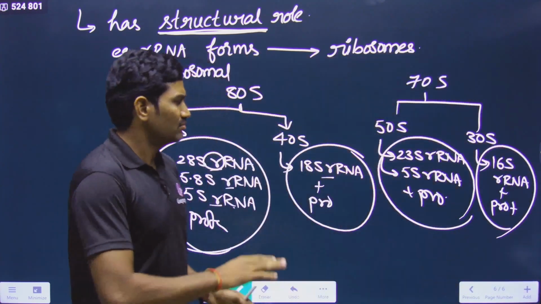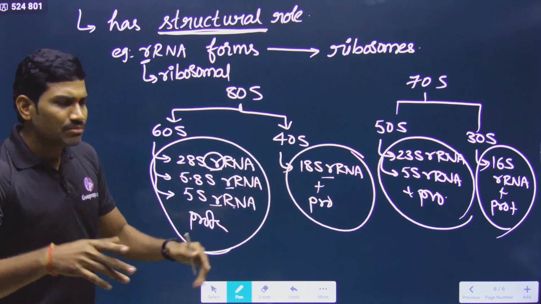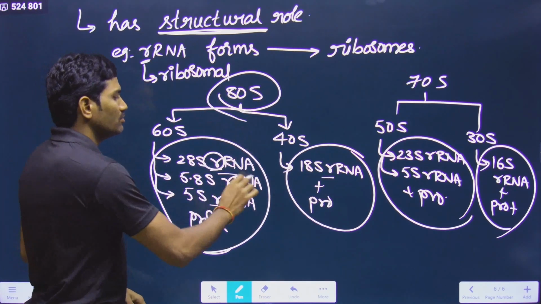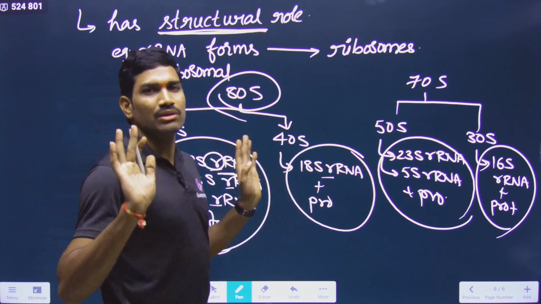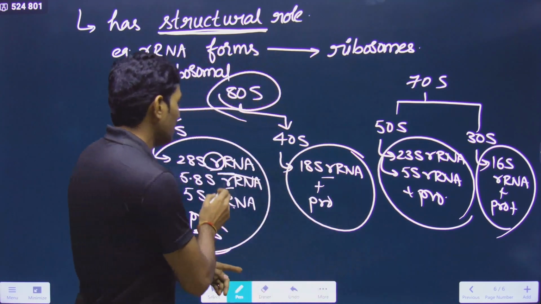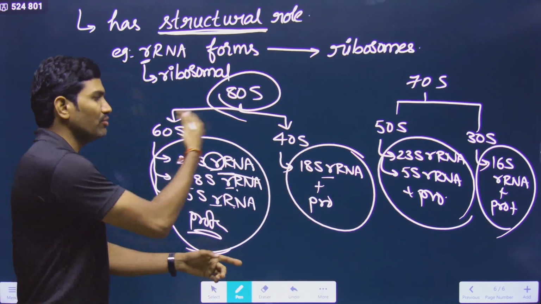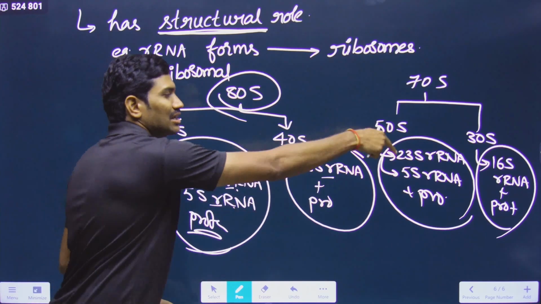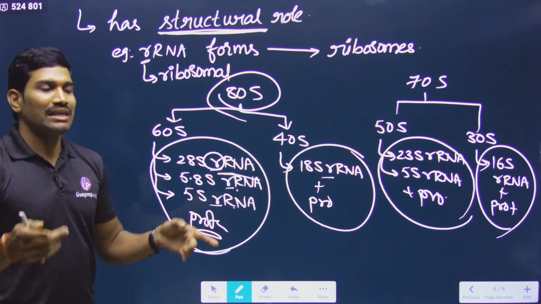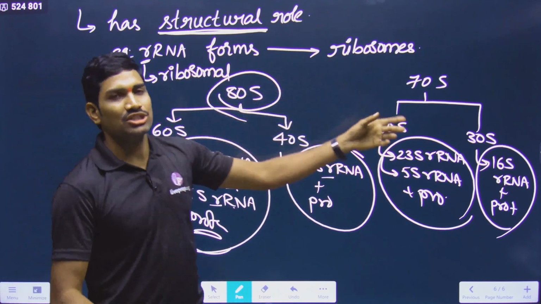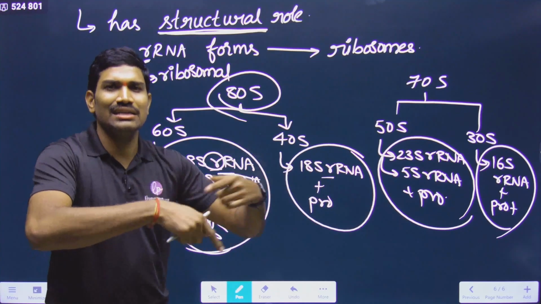In this lecture, we don't want to spend time on this. Simply understand that to form ribosomes, RNAs and proteins are compulsory. So RNAs are important for the formation of ribosomes. That's why these RNAs are called ribosomal RNAs. In this way, RNA has a structural role.